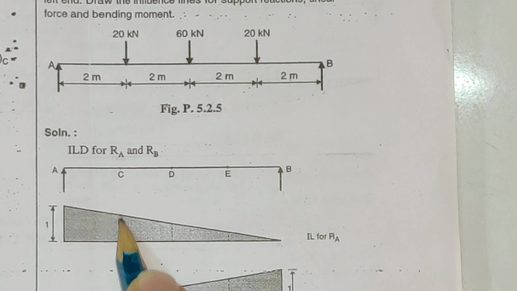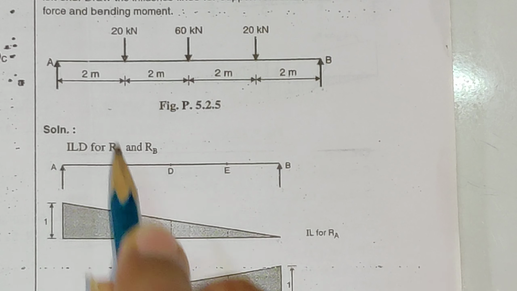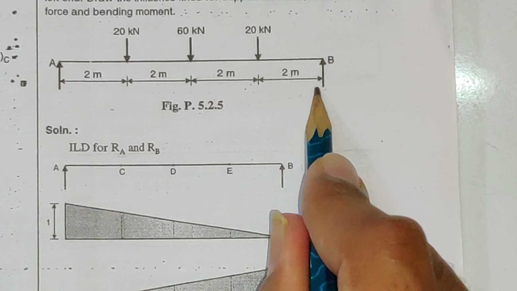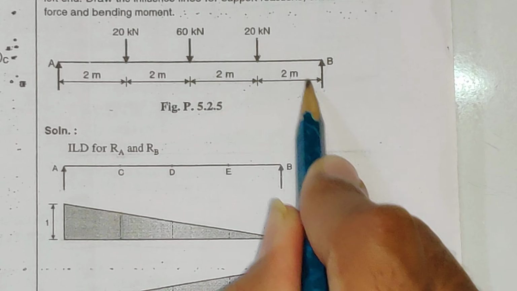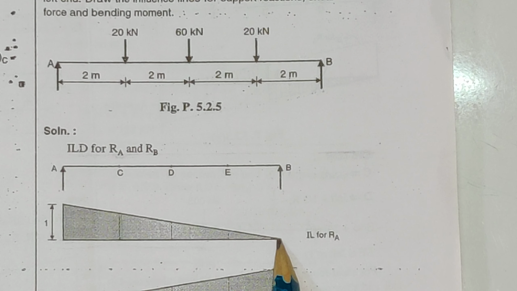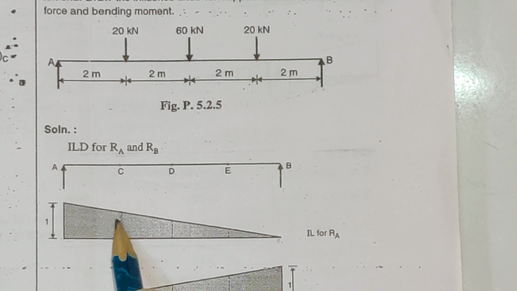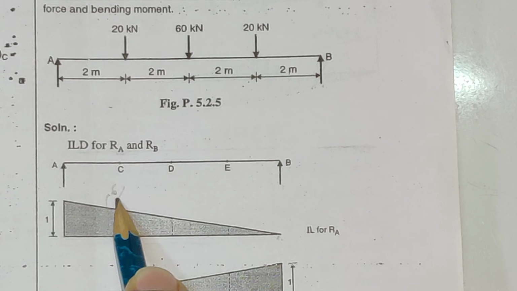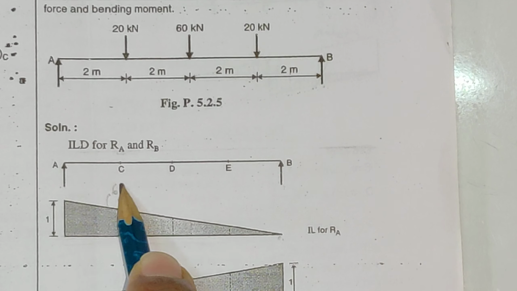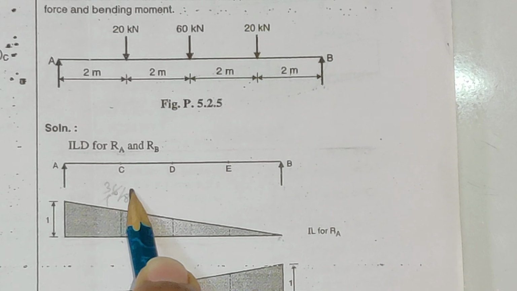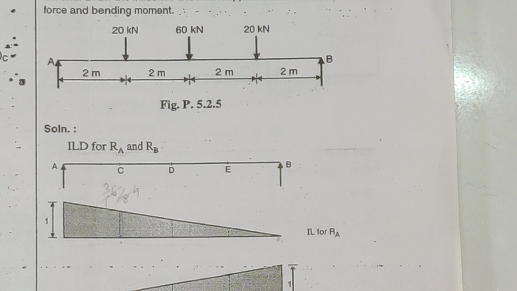Total length is how much? 8. And from this 0 point, this length is how much? It is 6. So for this magnitude it is 6 upon 8, that is 3 by 4.